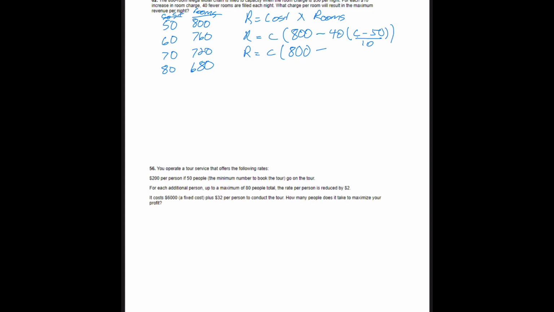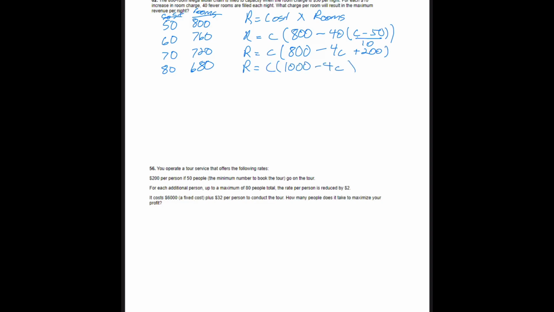Okay, so let's simplify this a little bit, because right now it's a very complicated way to write this. So that would be 800 minus 40 times c is 40c, divided by 10 is 4c, so minus 4c, and then 40 divided by 10 is 4 times 50 is 200.